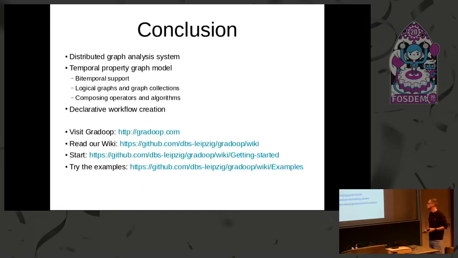Since every operator is built with Flink operators, everything is distributed in our environment. And the papers linked on the GRADOOP page also have some evaluation results that show the speedup on bigger clusters. And that's it.